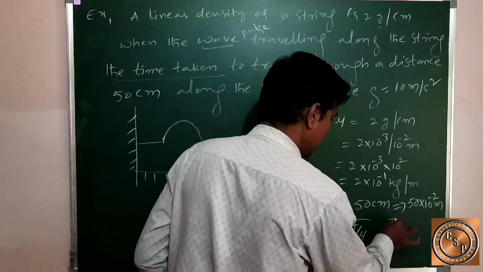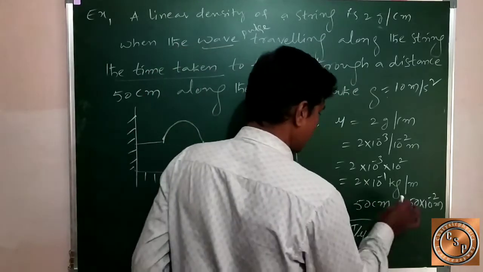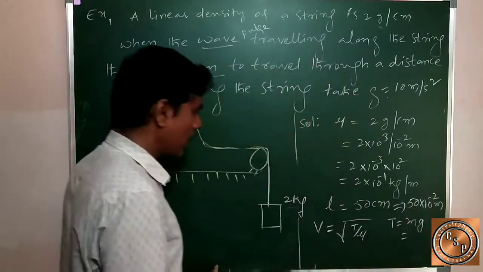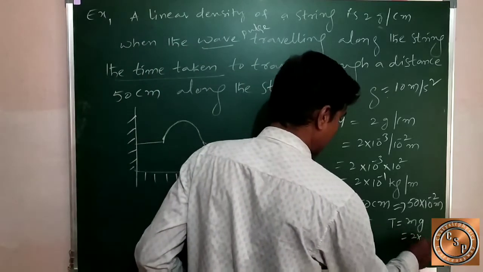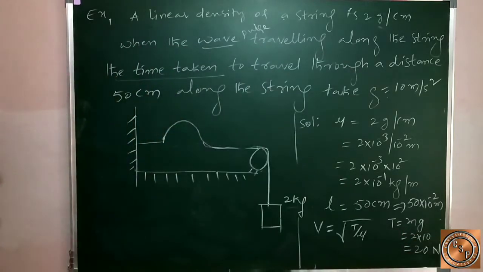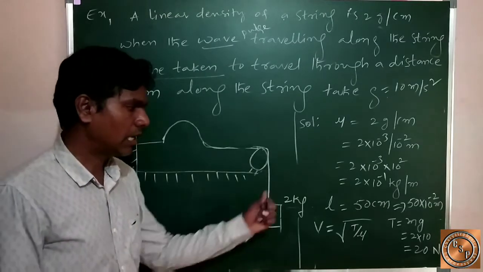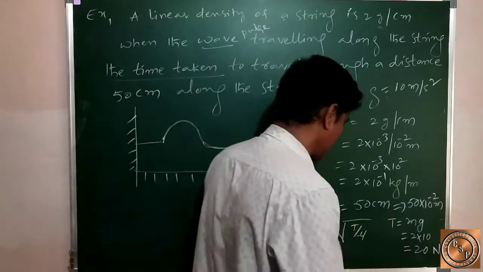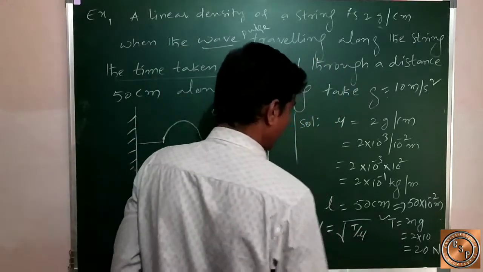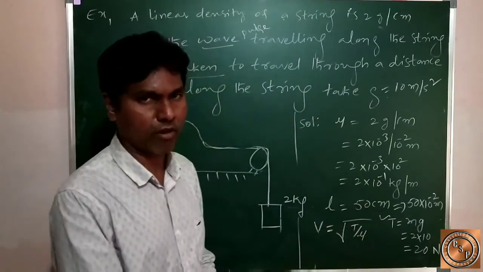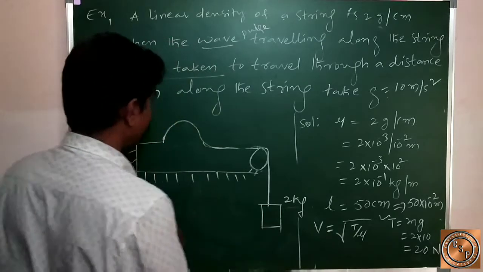The tension T is equal to mg. So what is the mass? 2 kg. 2 into 10, that is 20 newtons. So we know the values of T and mu. The mu value is 2 into 10 power minus 1, or 0.2. So substituting.